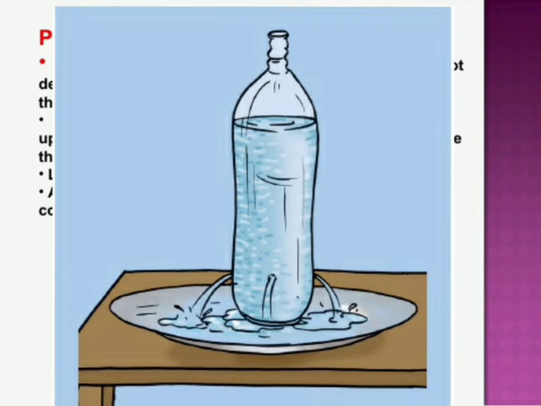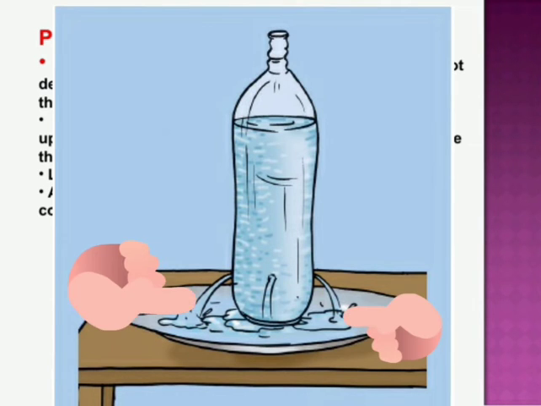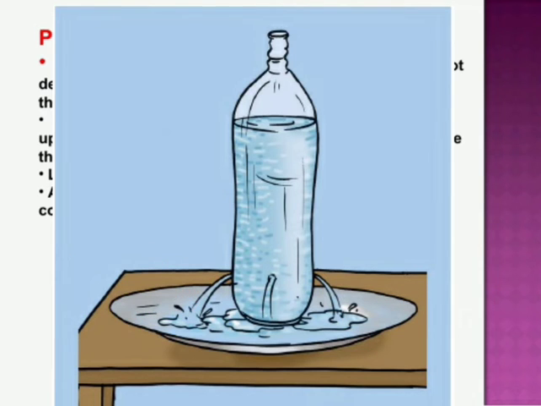Make sure that the holes are at the same height from the bottom. Now observe what will happen. You will observe that the different streams of water coming out of the holes fall at the same distance from the bottle. This proves that liquids exert equal pressure at the same depth.